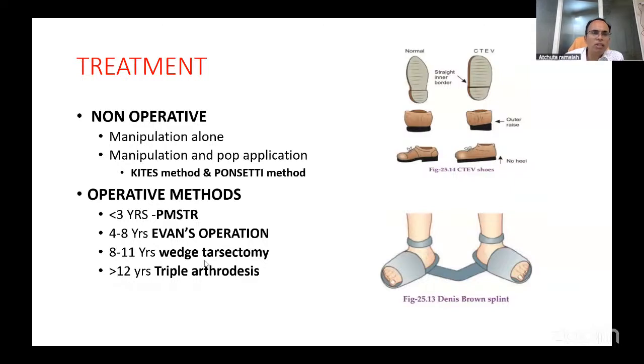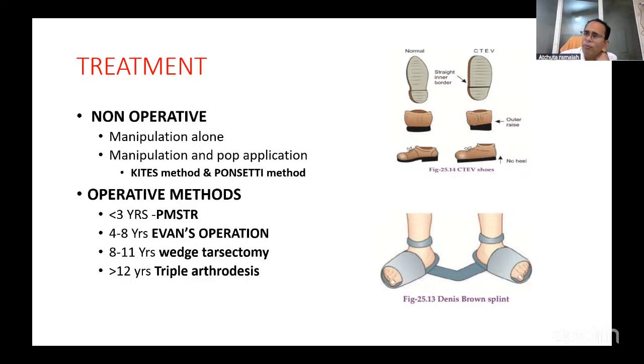About 12 years, which are rigid and not corrected by other methods, we go for a triple arthrodesis, fusing the three intertarsal joints I told you and making the foot more stable. Many times after doing serial plasters, we will do tendoachilles lengthening to release the tight tendoachilles and correct the deformity.